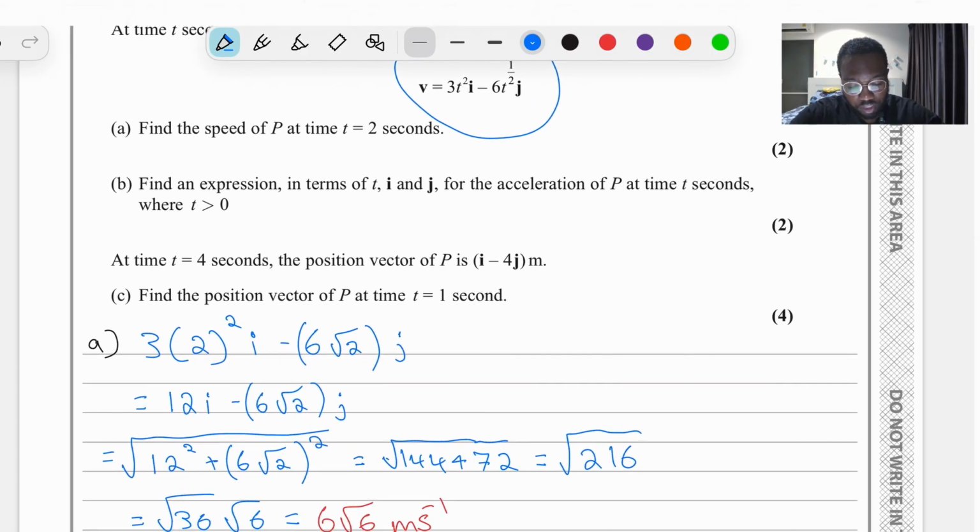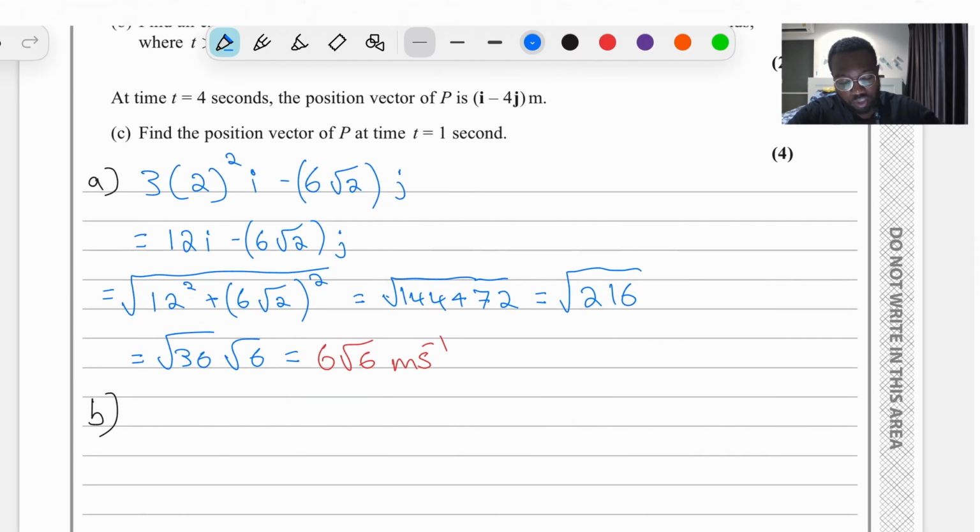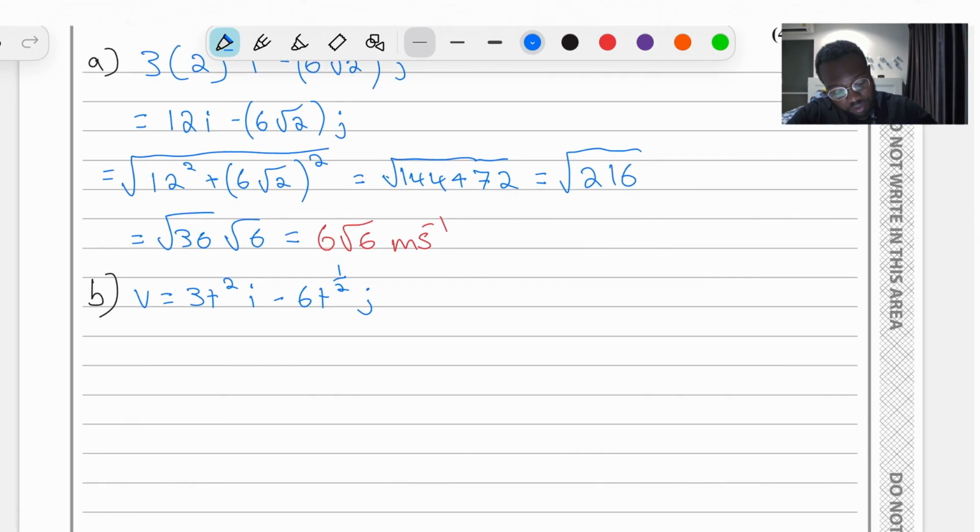If I rewrite that down here, v is equal to 3t squared i minus 6t to the half j. If we differentiate this, dv over dt is 6t i minus 6 times half is 3t, so minus 3t to the power minus a half j. And that is part B done.